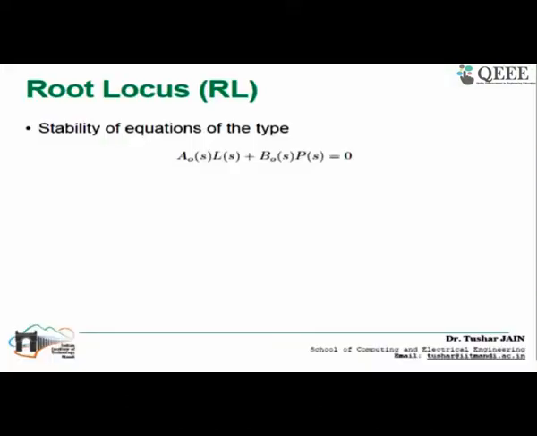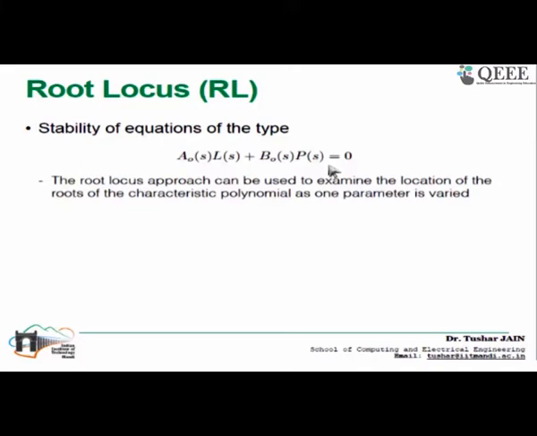Move on to the next topic, which speaks about the root locus. We can also determine the stability by plotting the root locus in the S plane. So basically this is another tool which also gives me the stability of equations of this type, which of course is the characteristic equation.